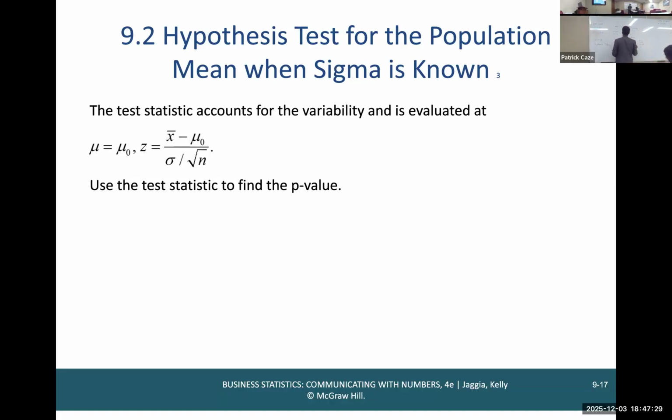Let's just say I took 35, based on what we already established. All we do is plug everything in. So z equals 14 minus 12, divided by our standard deviation of 3, which we just made up, divided by the square root of 35.